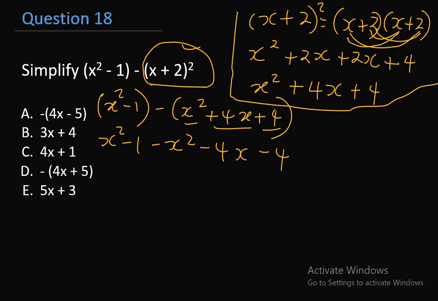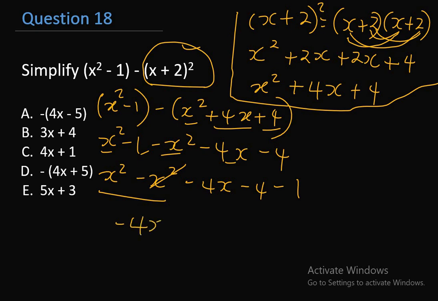Rearrange to collect like terms. You have x squared minus x squared minus 4x minus 4 and minus 1. X squared minus x squared will give me 0. Right? So we now have minus 4x. Minus 4 minus 1 will give me minus 5.